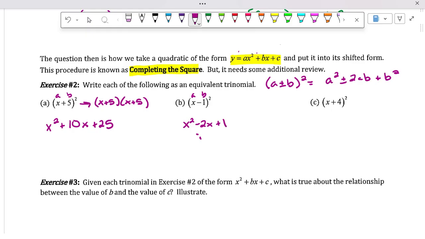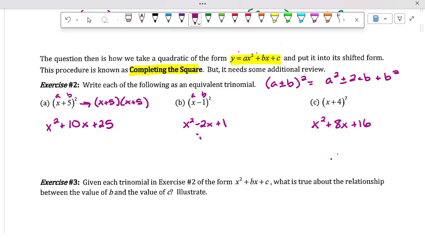So what would this last one be? X squared plus 8x plus what? Not 12, 16.